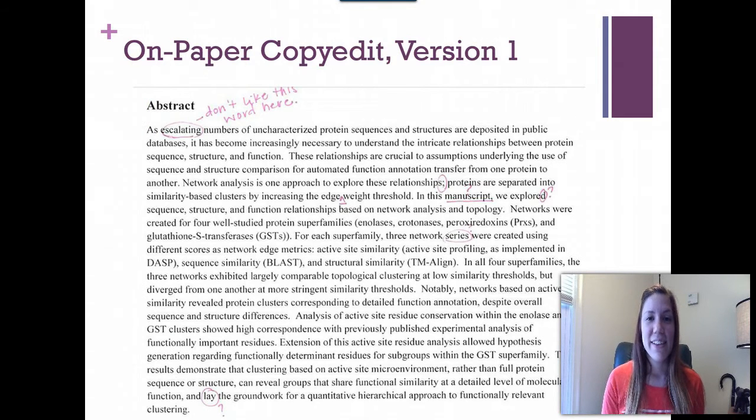So this was a screenshot of the abstract in my first version of the on-paper copy edit. Janelle then, after I told her I went through your paper once, said, oh, I have an updated version. So she emailed me the updated version, and I moved on to that.